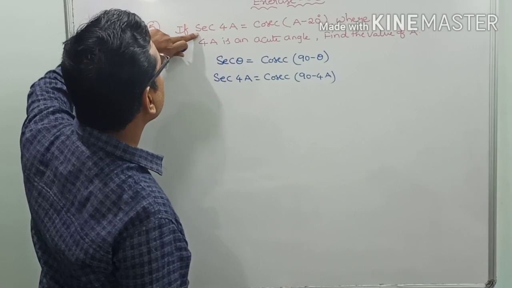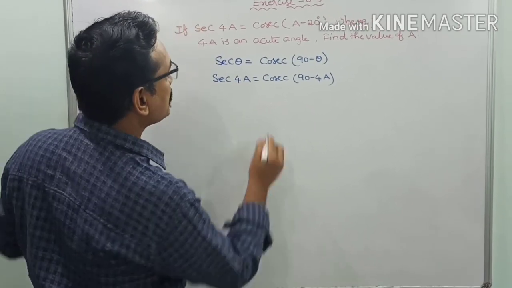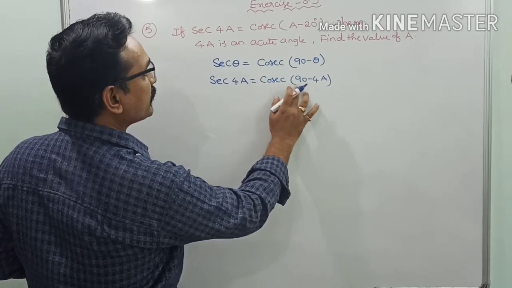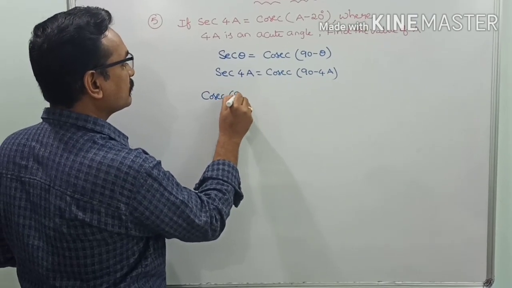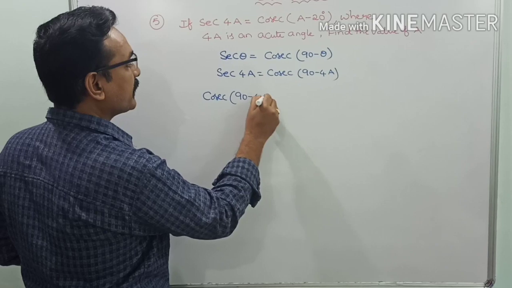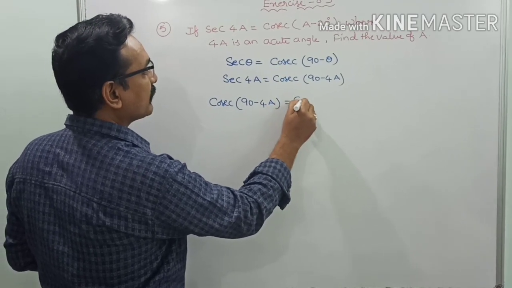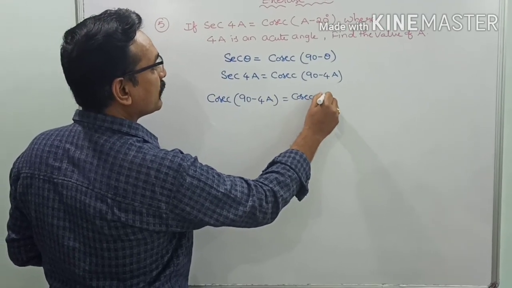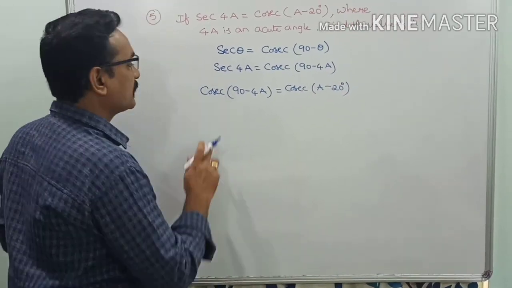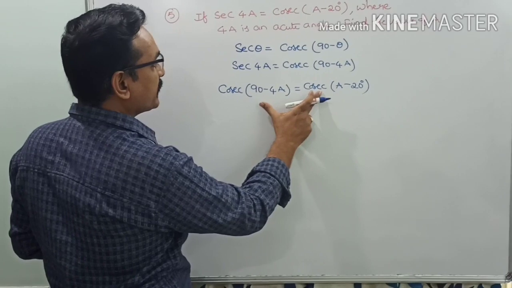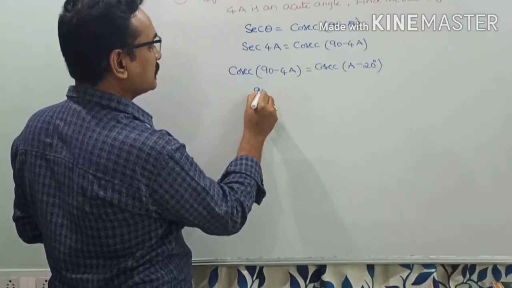Now in the problem, we replace sec 4A with cosec of (90 minus 4A). So cosec of (90 minus 4A) equals cosec of (A minus 20 degrees). Now both sides cosec and cosec get cancelled.